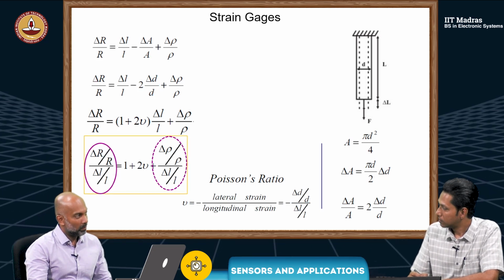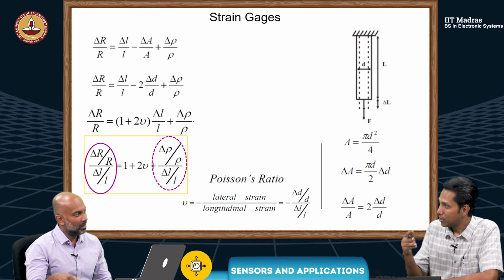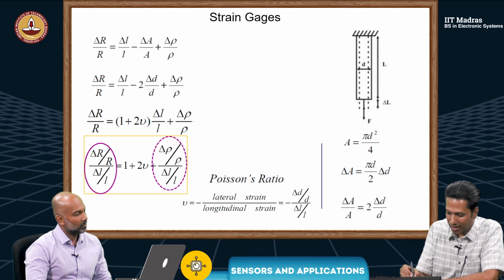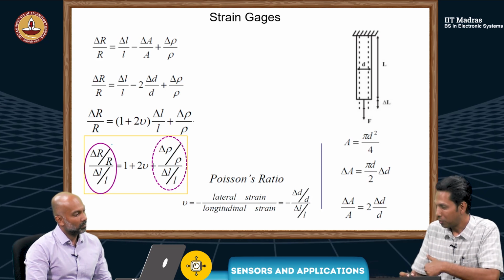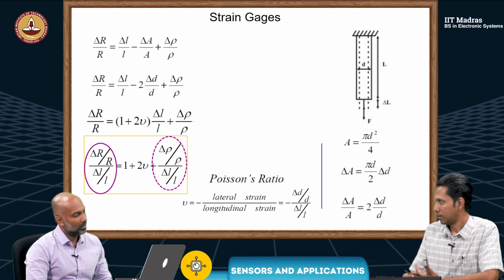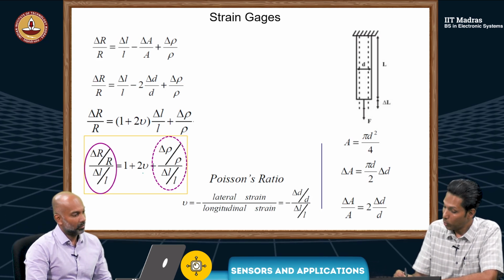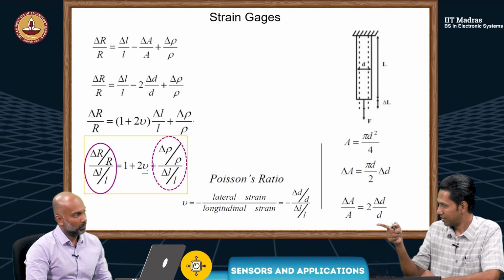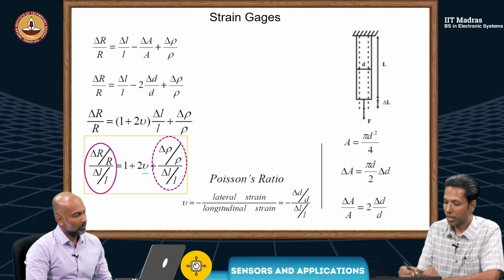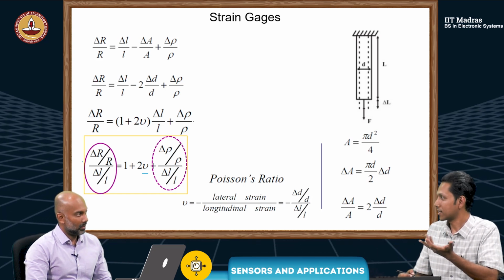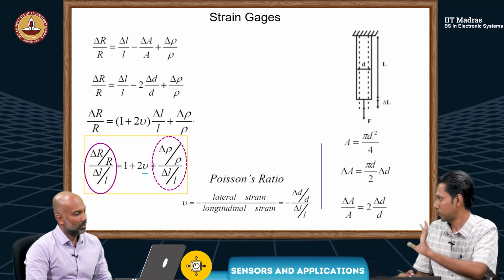Yeah. Per unit strain. Correct. Because you have delta R by R divided by delta L by L. Okay. In terms of Poisson's ratio? Yeah, and the resistivity. So the Poisson's ratio is known for the material. Yes. So if you know that information, you can actually calculate the factor of change in resistance that you will have if it undergoes this much strain.